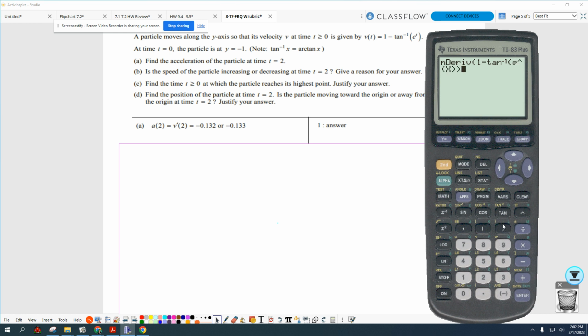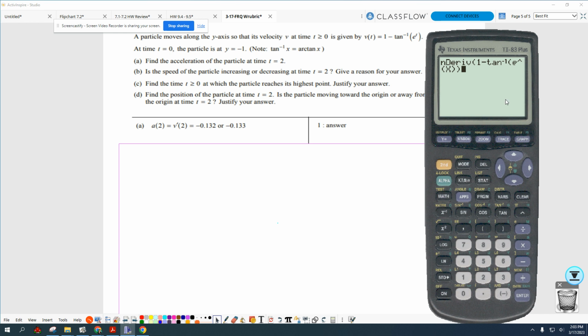If you're wondering how to do this on the calculator, it's what I'm showing you right now. The 84 is much more straightforward and looks like do the derivative, so it should be self-explanatory how to type it in. On an 84, math 8 gives us the derivative, then you type in the equation.